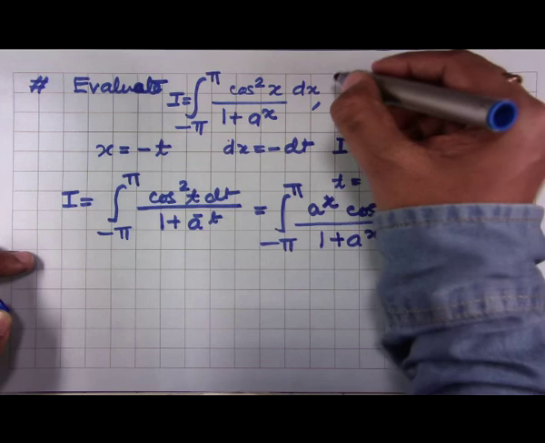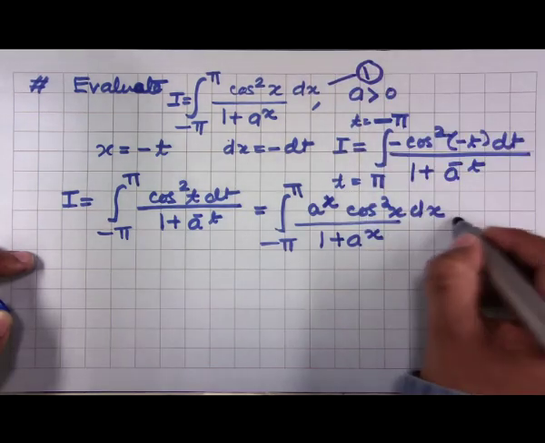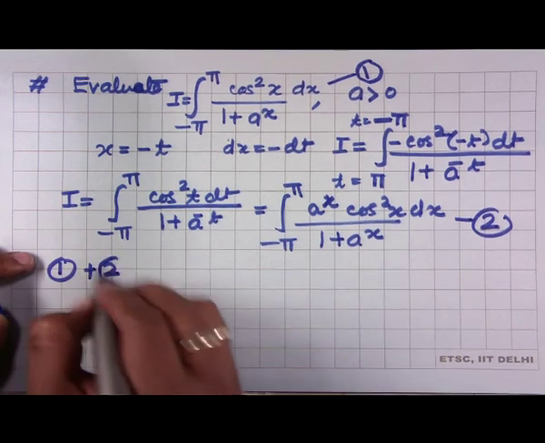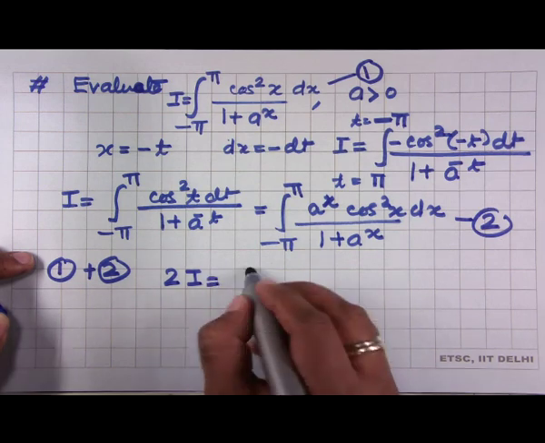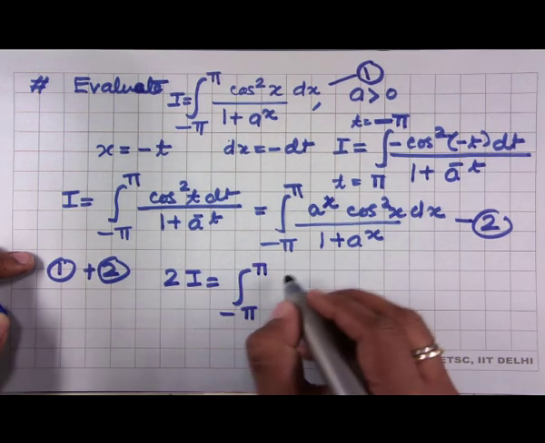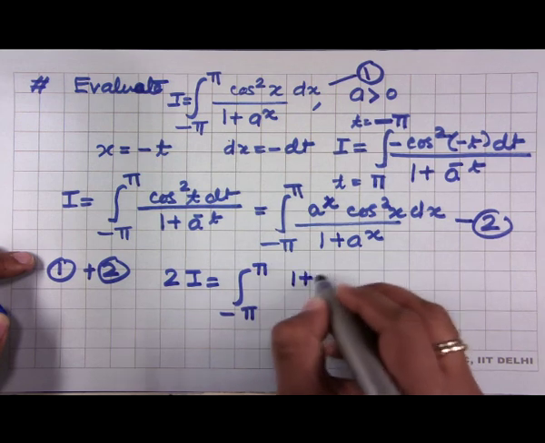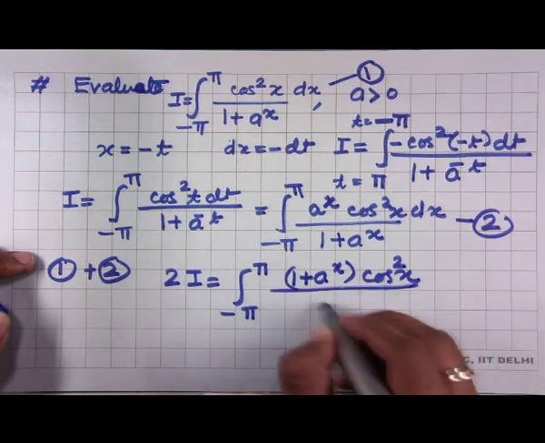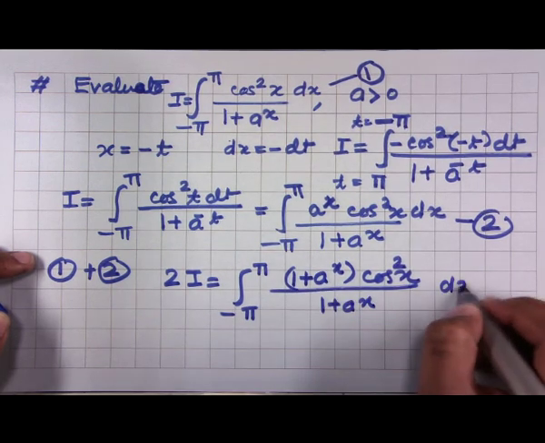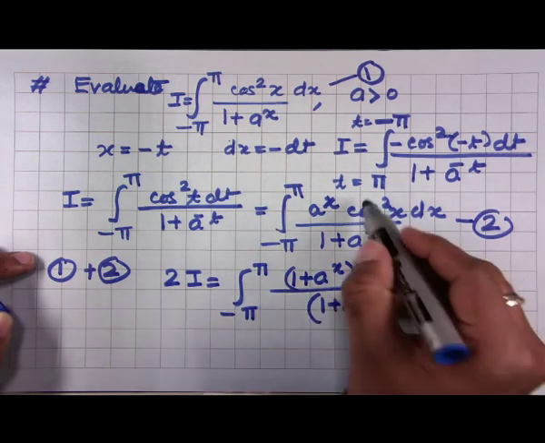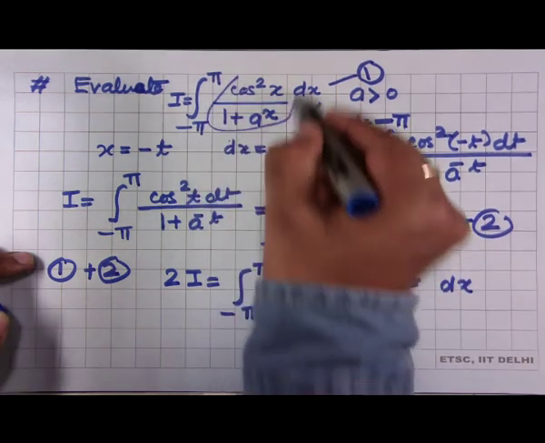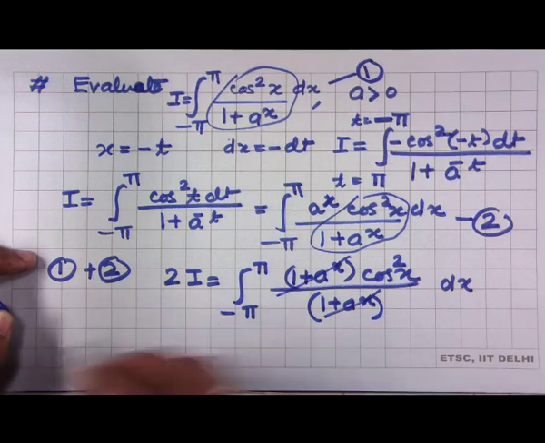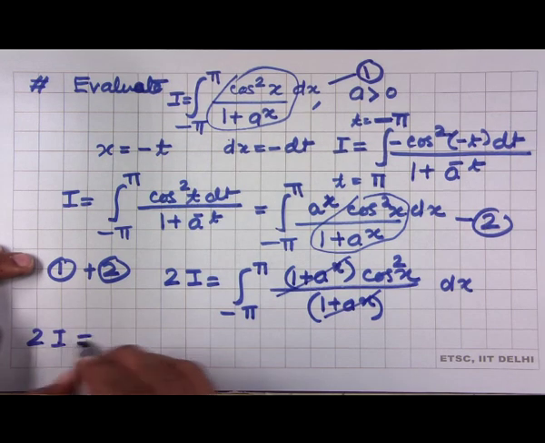Now if you add equation 1 and 2, you get 2I is equal to the integral from minus pi to pi of cos square x by a to the power x dx. So this was common, so you get 1 plus a to the power x in the numerator also, so it gets cancelled, and you can see that you got a very simple integration.